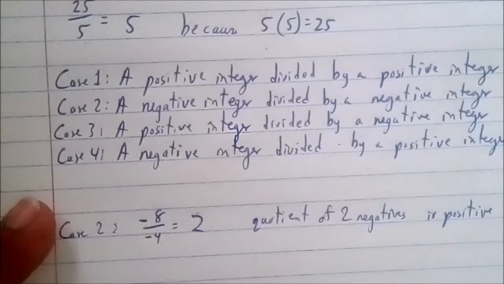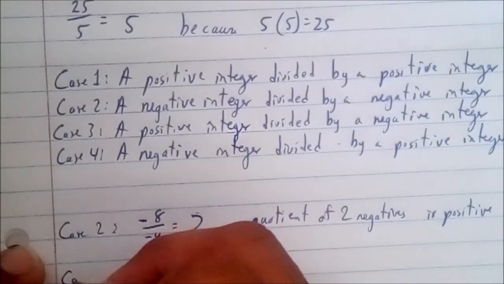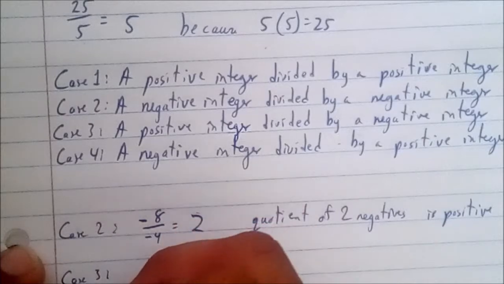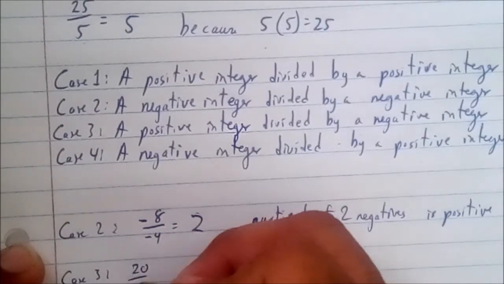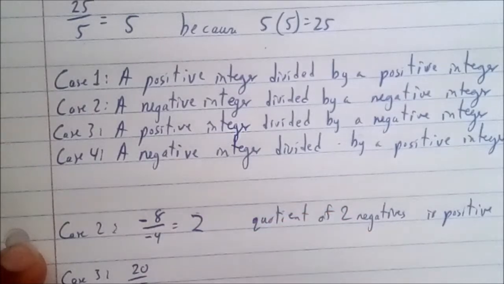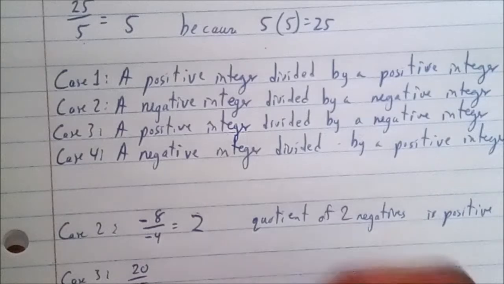In summary, case 3 now. A positive integer divided by a negative integer. So case 3, we have here a positive integer 20 divided by a negative integer 5. From here we can see that is the quotient.